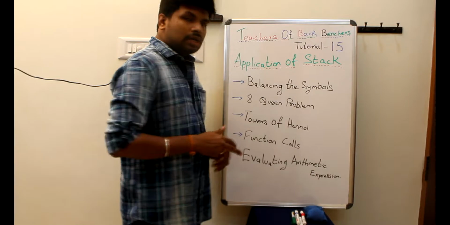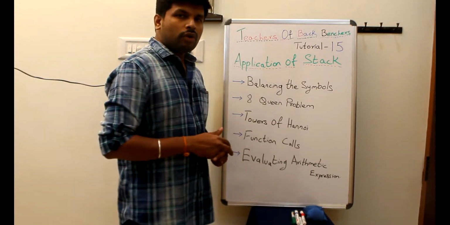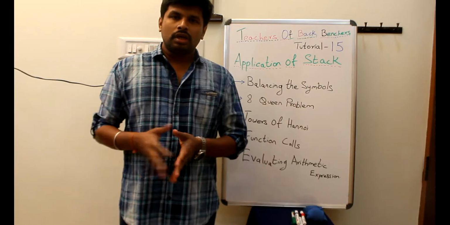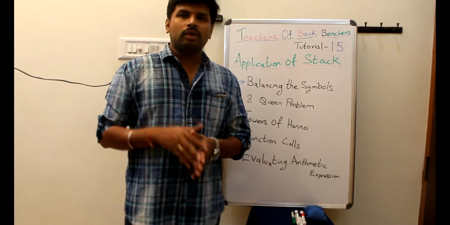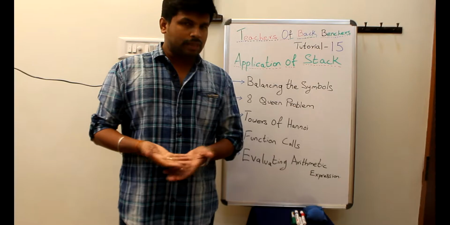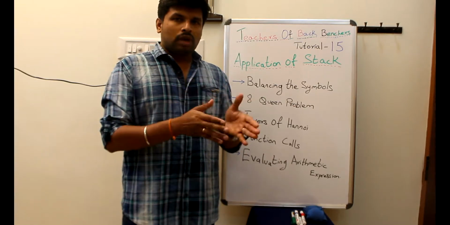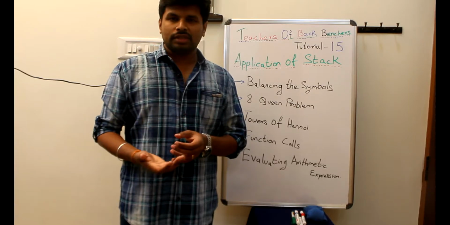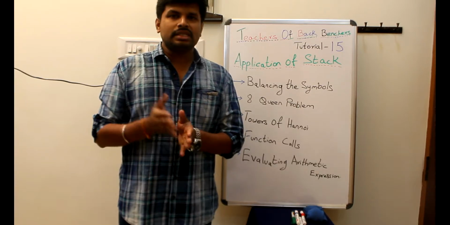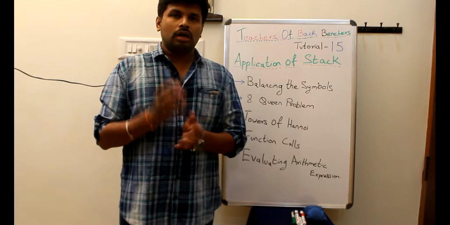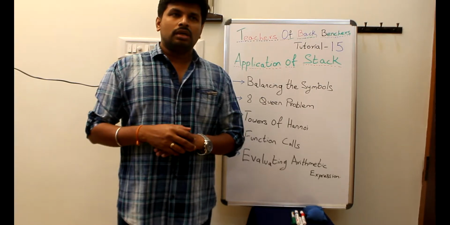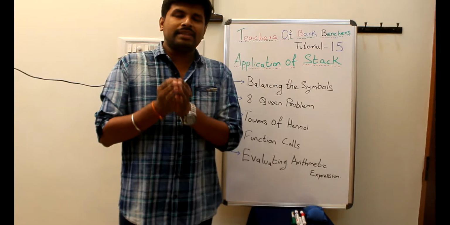And the next one is Tower of Hanoi. In the Tower of Hanoi we have 3 towers, and in a stack method only the top is available and the bottom is closed. One tower has 3 circular discs of different sizes, where the largest is at the bottom, the average size is placed in between, and the smallest disc is at the top.